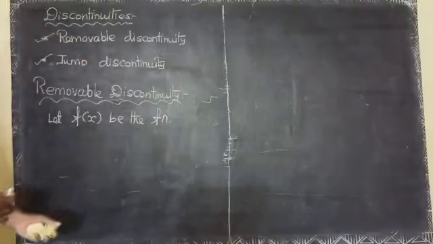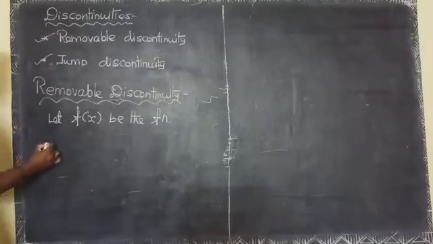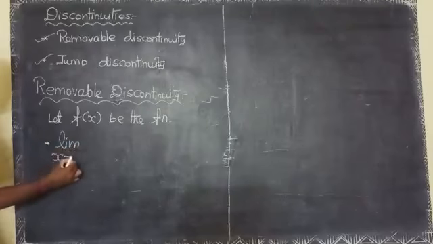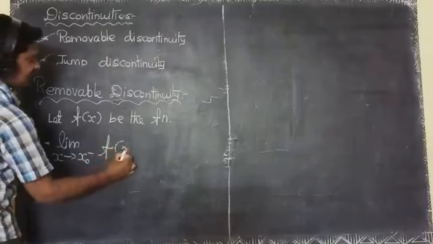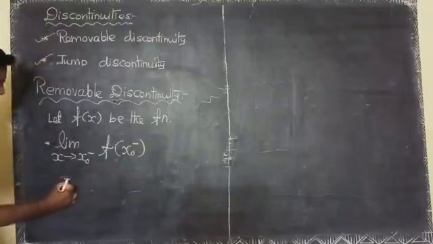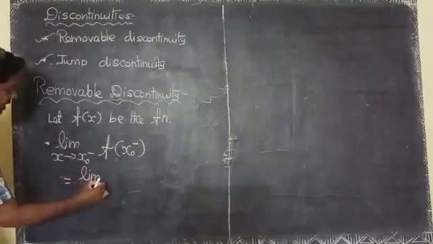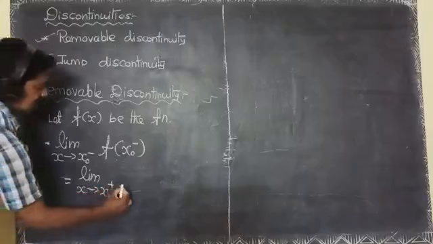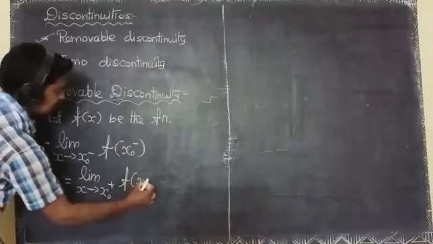Here, limit as x approaches x naught minus of f of x naught minus is equal to limit as x approaches x naught plus of f of x naught plus.